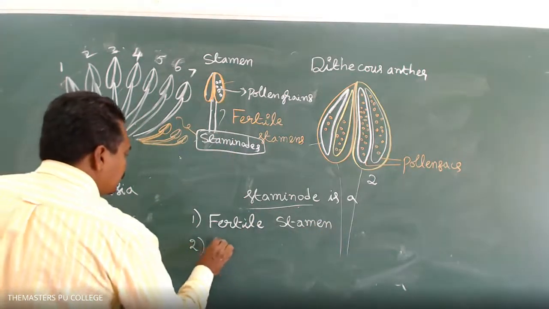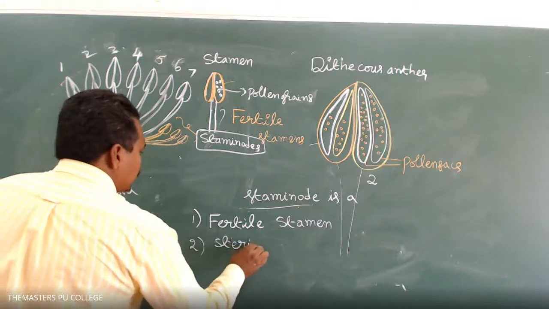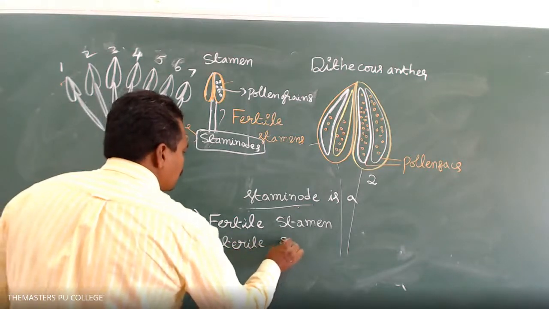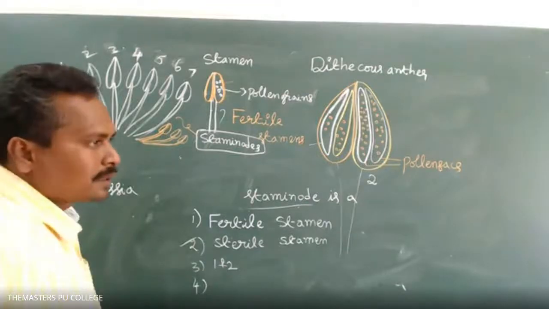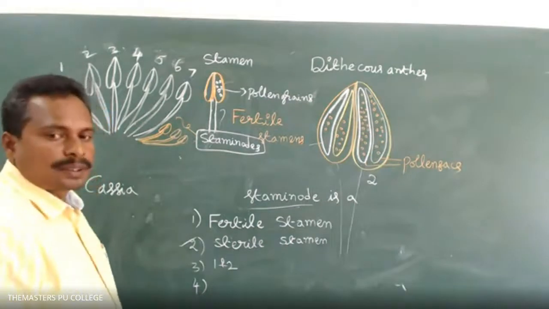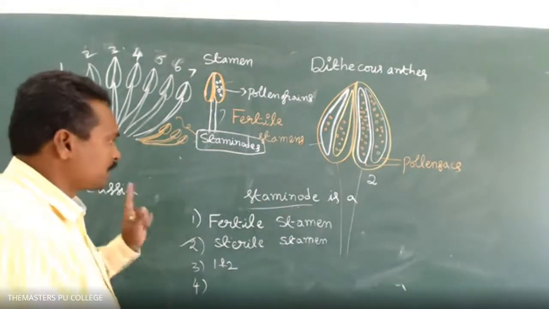Option 2, sterile stamen. Second option is the correct answer. Very good, option 2 is the correct answer. Option 4, none of these.